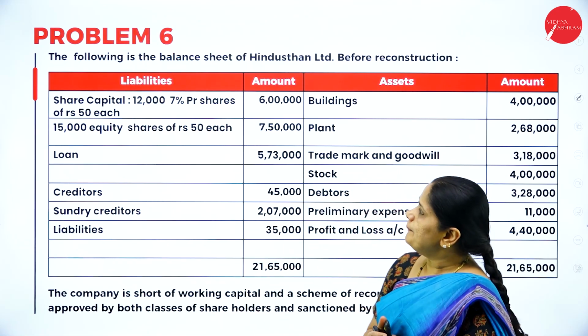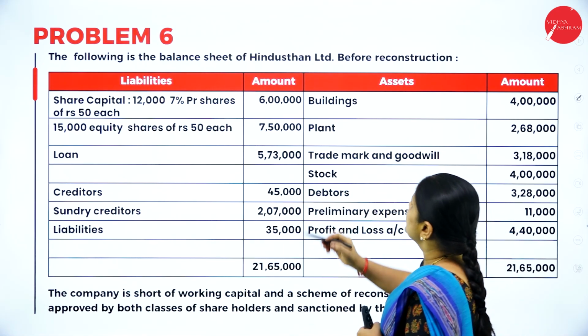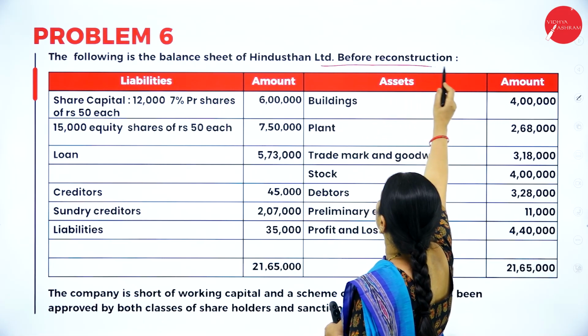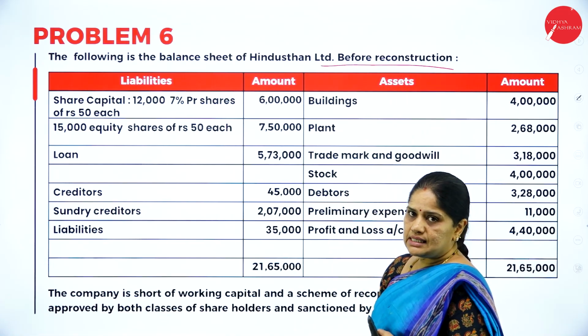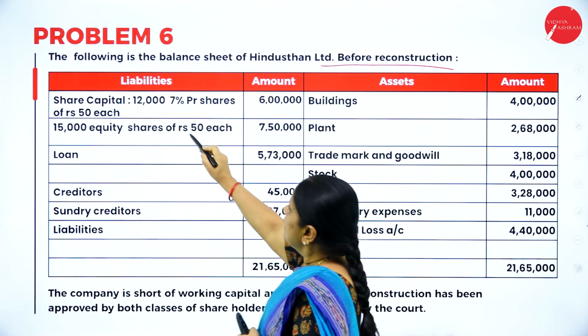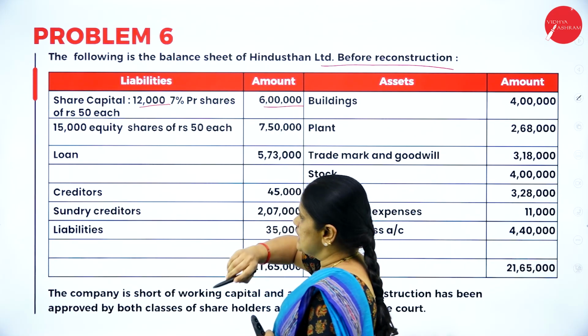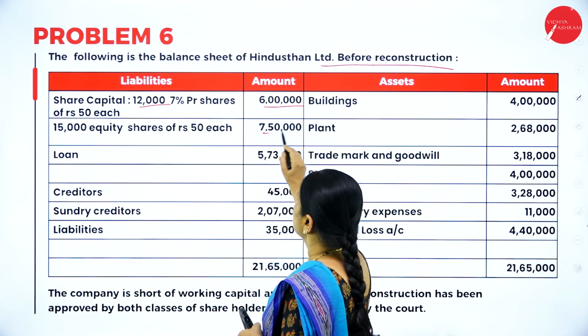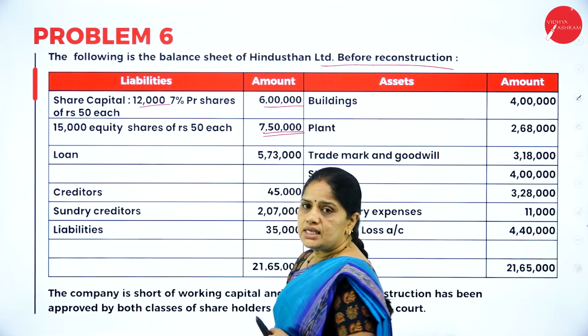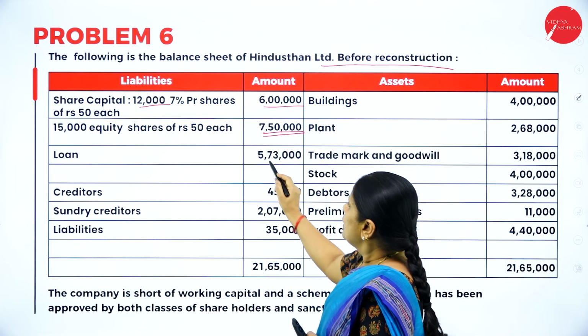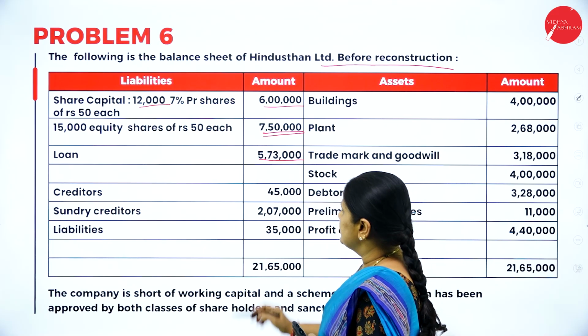The next problem: the following is the balance sheet of Hindustan Lever Limited before reconstruction. So let us see here. The share capital: 12,000, 7% preference shares of rupees 5 each, 6 lakhs. 15,000 equity shares of rupees 50 each, 7,50,000. Loan amount is 5,73,000.